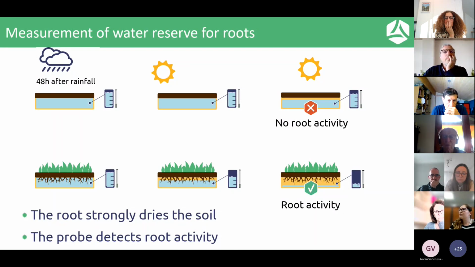But when you have roots in the soil, the roots are strongly drying the soil, because there is a strong effect of pulling water out of the soil. And we can put tensiometric probes in the soil, so it will detect the drying of the soil. And then when you have a high drying of the soil, you have root activity, because when you have no root activity, you don't have this high drying effect. Next, please.